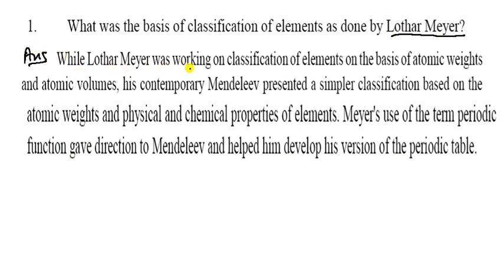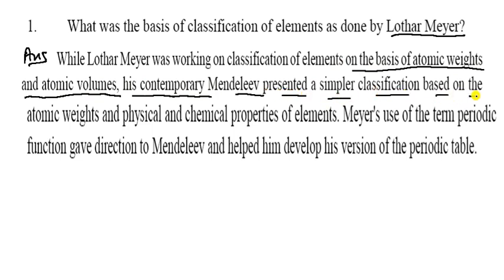While Lothar Meyer was working on classification of the elements on the basis of atomic weights, as you remember, on the basis of atomic weight and atomic volume, his contemporary Mendeleev presented a simpler classification based on the atomic weights and physical and chemical properties of elements.